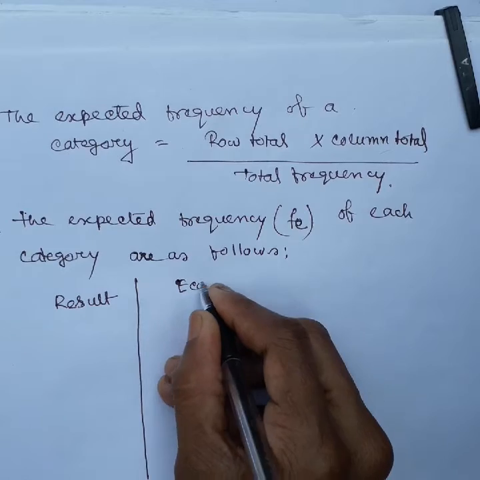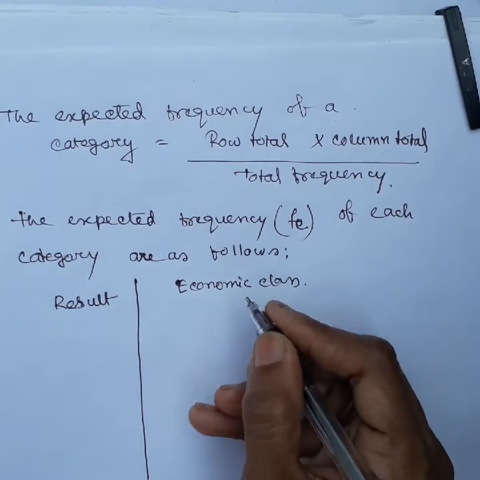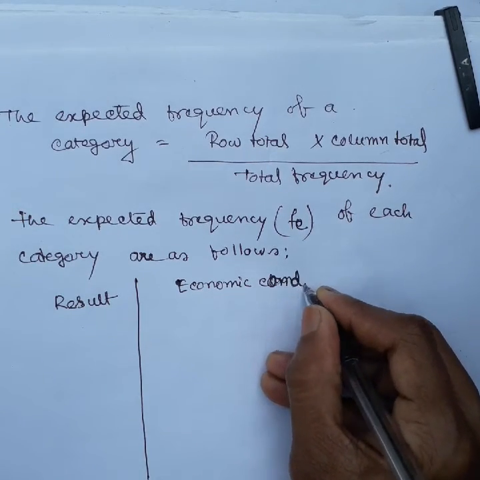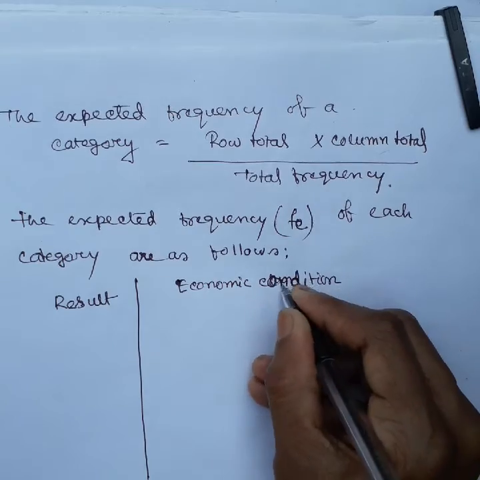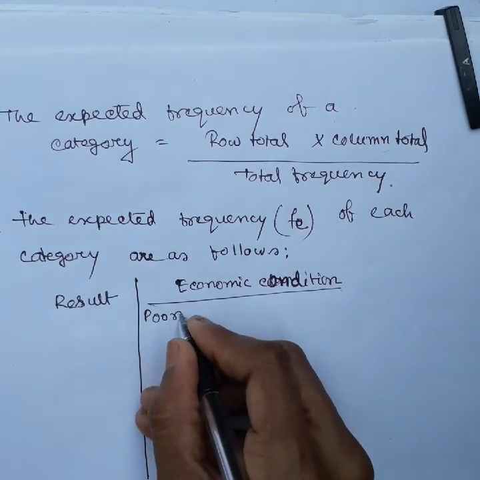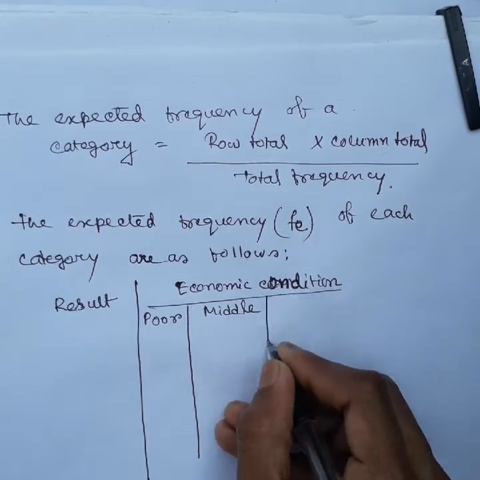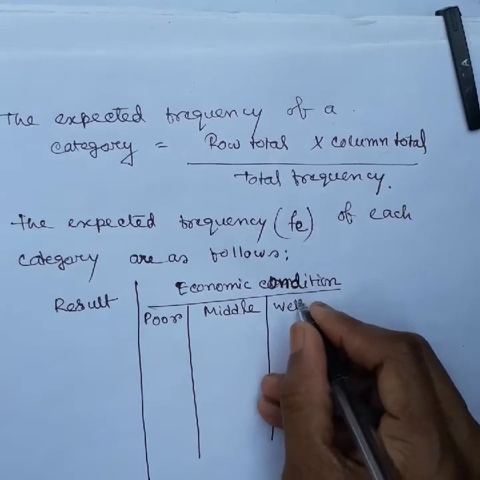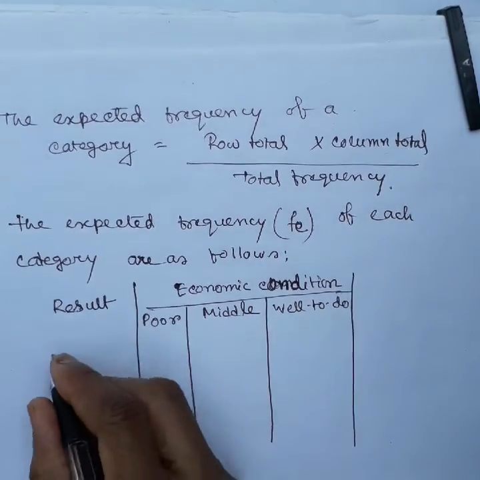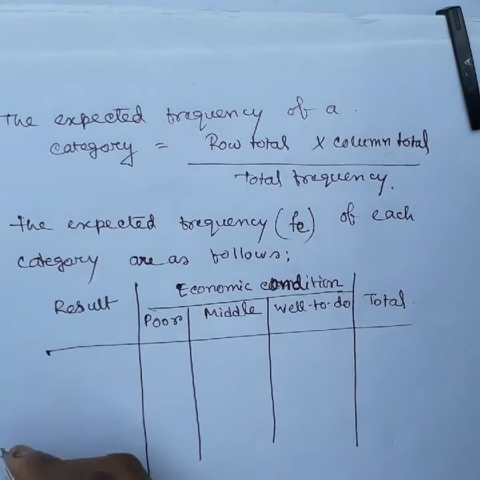First one is result. This is economic condition. Under this condition there are three conditions. First is poor, then middle, and last is well to do. Total.